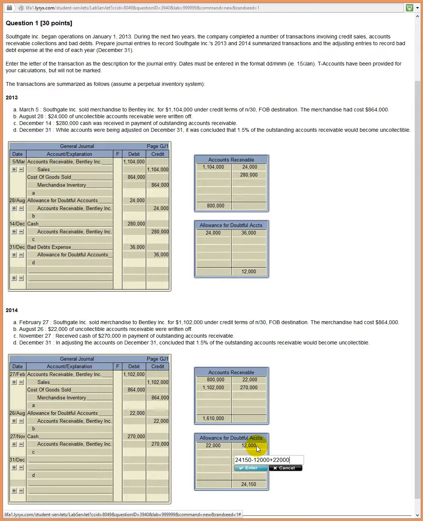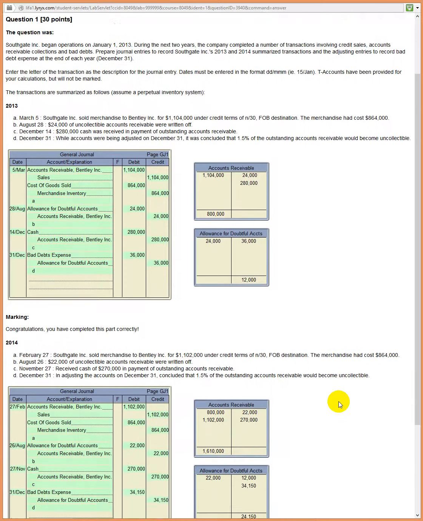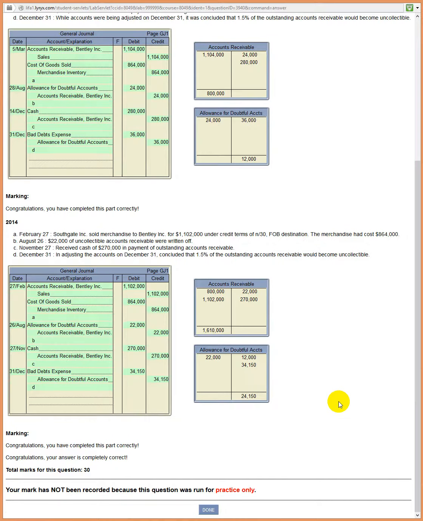So that gives us an entry of 34,150. Of course, that entry is to debit the bad debt expense and credit the allowance for that same amount of 34,150. And that's all there is to it. So let's see what the software thought of all of our work. It liked it all. We are done.